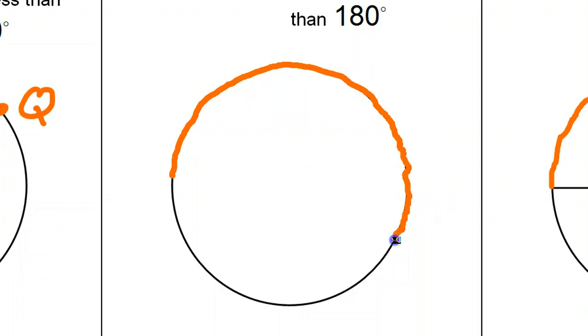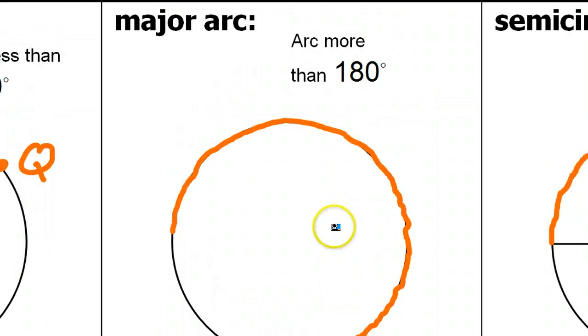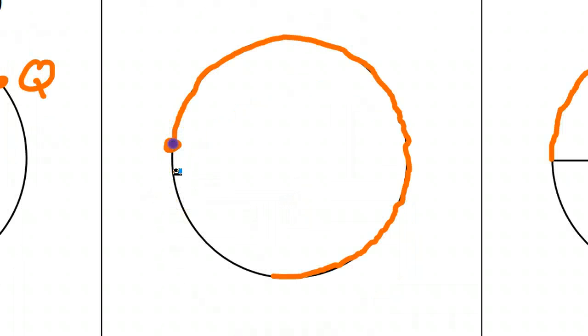But if I keep going, this is bigger than 180 degrees. So for example, this is what you would call a major arc. It begins here, it ends here. Let's say this point was K and this point is B.